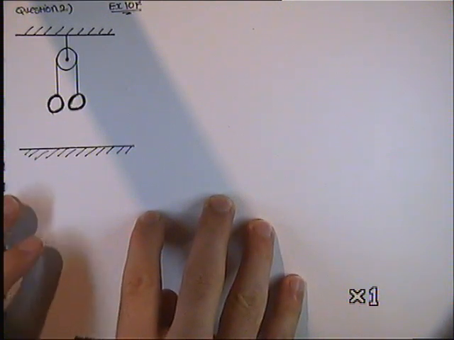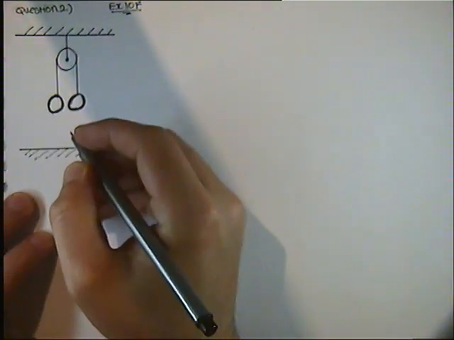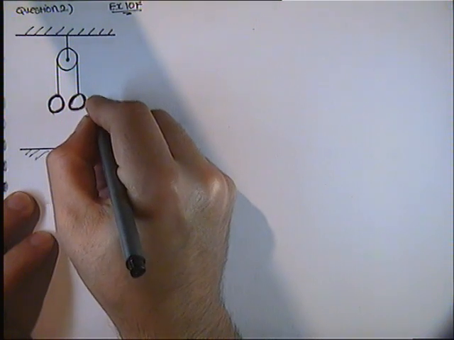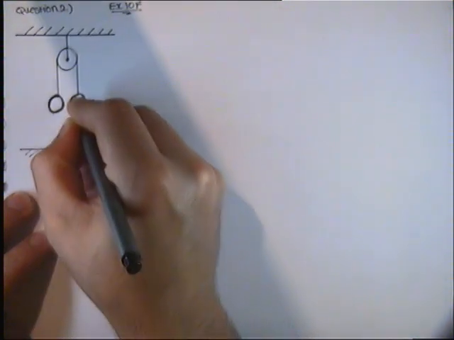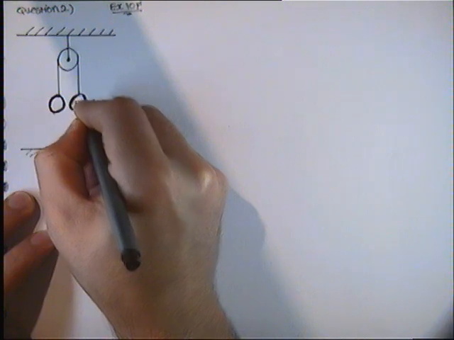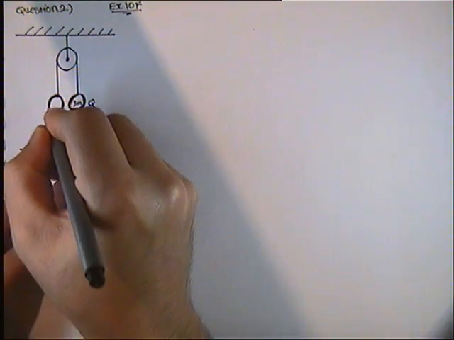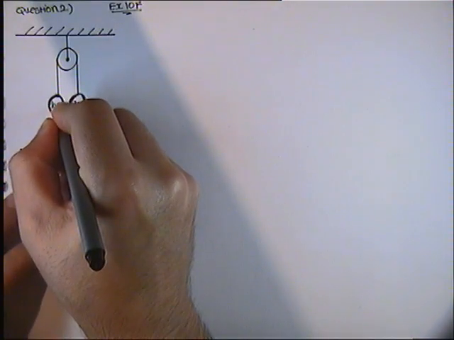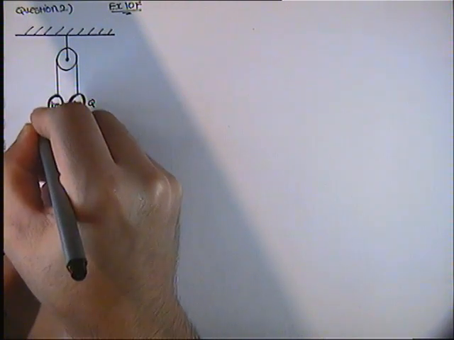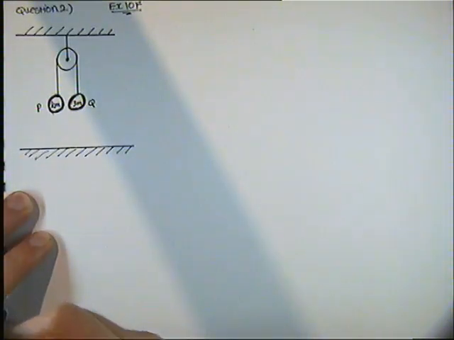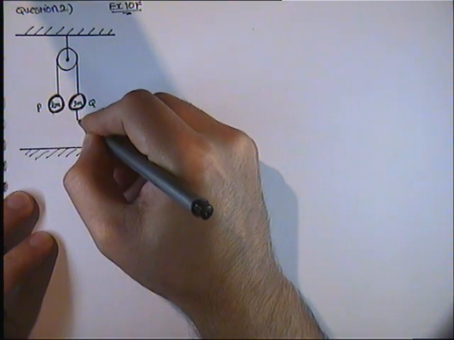To do this, first I have drawn the model for the particle. This one is Q, which is 3m kg, and this one is km kg, which is P. Obviously it's moving in this direction.